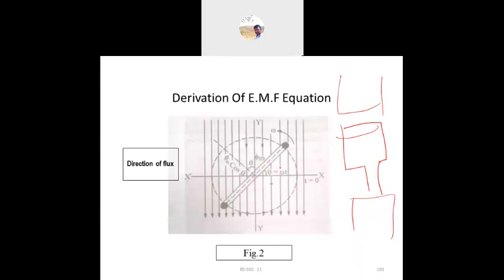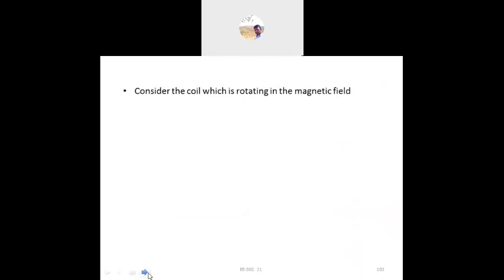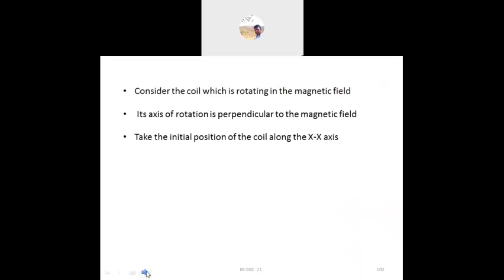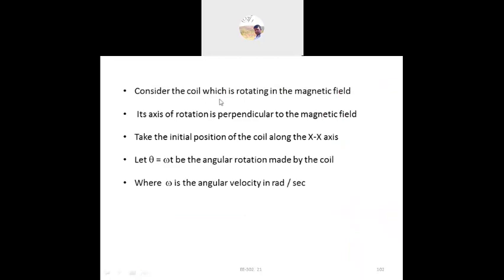At what direction it is inducing, that we are going to deal with in the derivation of the EMF. Consider a coil which is rotating in a magnetic field, and its axis of rotation is perpendicular to the magnetic field.